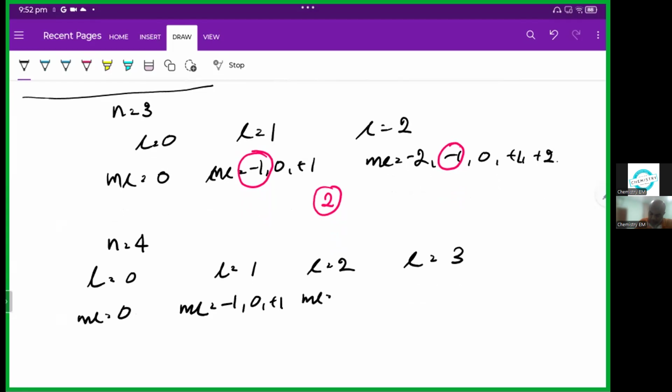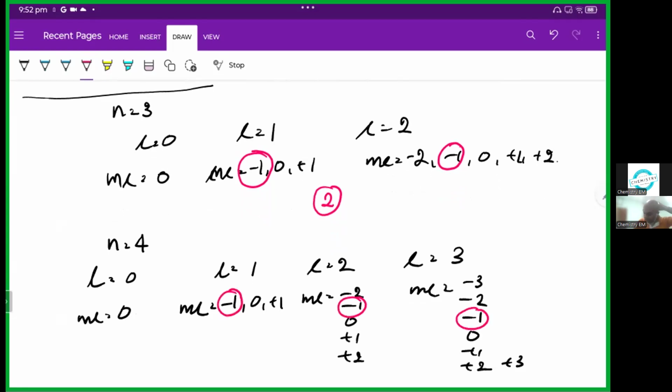Here ml is equal to -2, -1, 0, +1, +2. Here ml is equal to -3, -2, -1, 0, +1, +2, and +3. These are the ml values. So n is equal to 4, ml is equal to -1 occurs for l equal to 1, 2, and 3. So altogether, orbitals are 5.